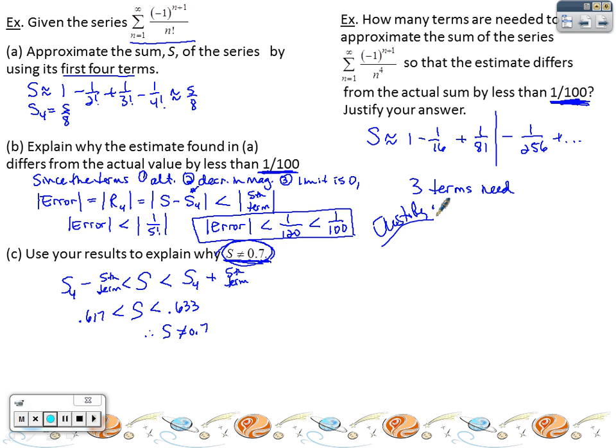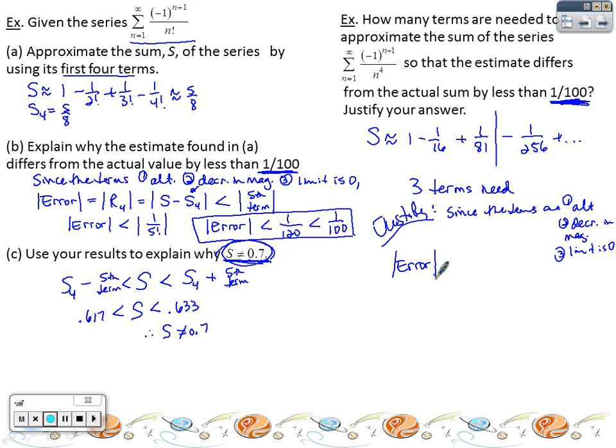Okay? So part of the justification needs to be that this is actually a series that converges. Right? We need to say that. So just like over here, we say since the terms are, number 1, alternating, 2, decreasing in magnitude, and 3, the limit is 0, then my error, remember we have 3 ways to write error.